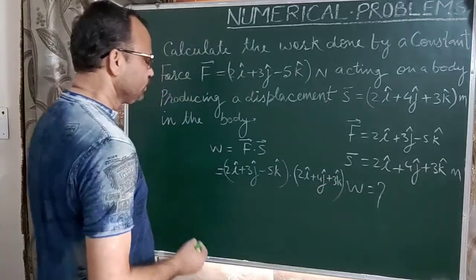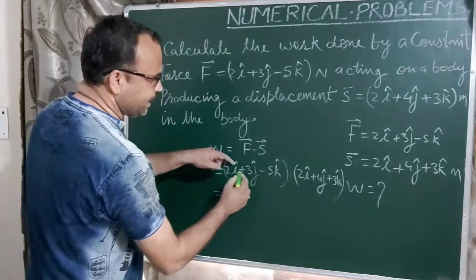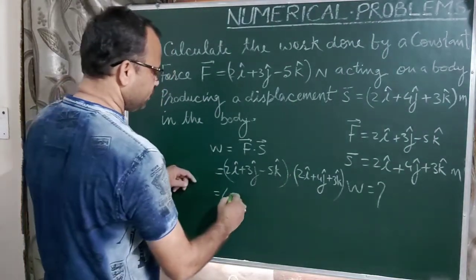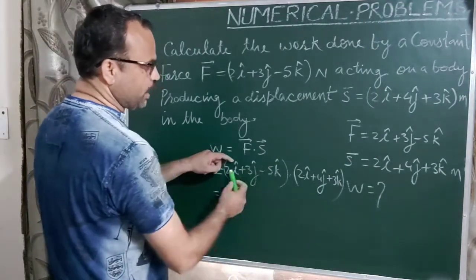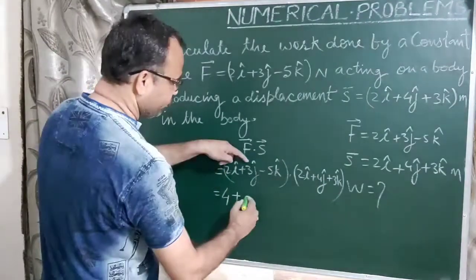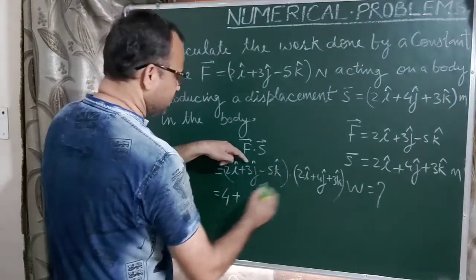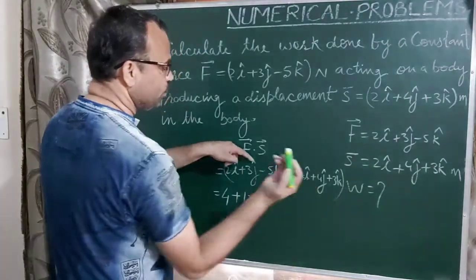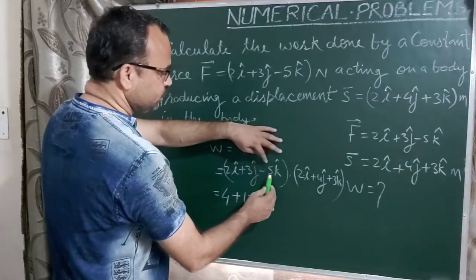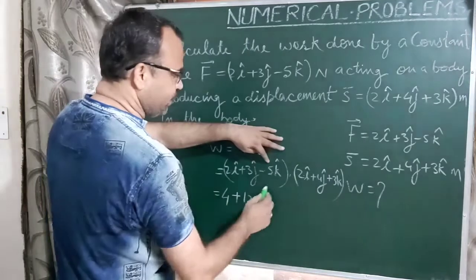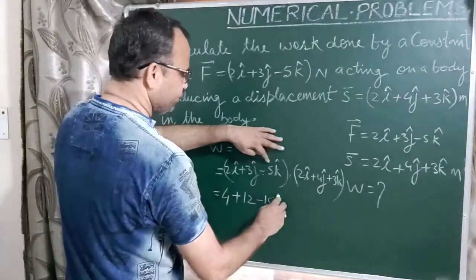Now 2 times 2 is 4, i dot i is 1. Then the remaining are 0 because i dot j equals 0, i dot k equals 0. Similarly, j dot i equals 0. So 3 times 4 is 12, j dot j is 1. Next are 0. Now 5 times 3 is 15, so minus 15, k dot k is 1.